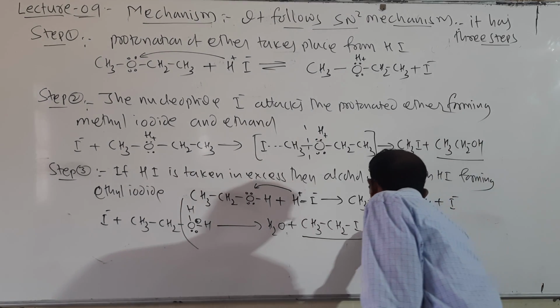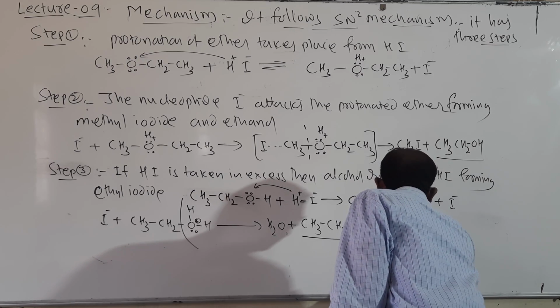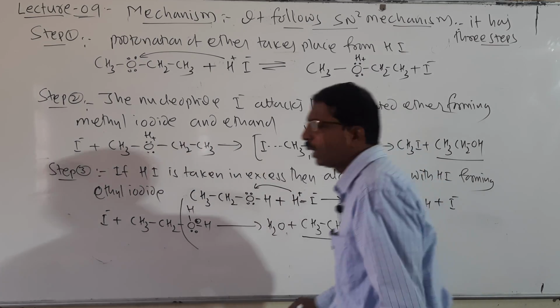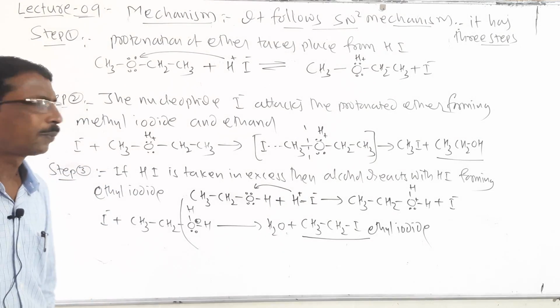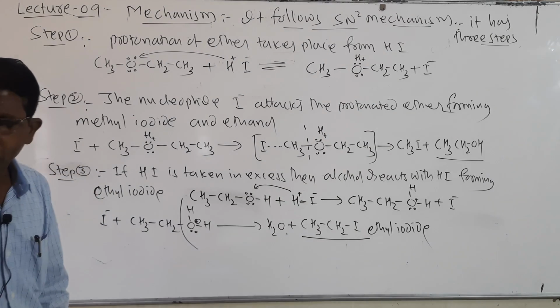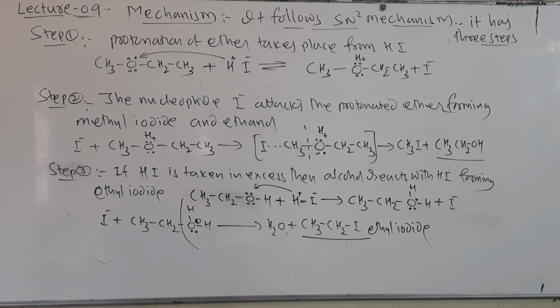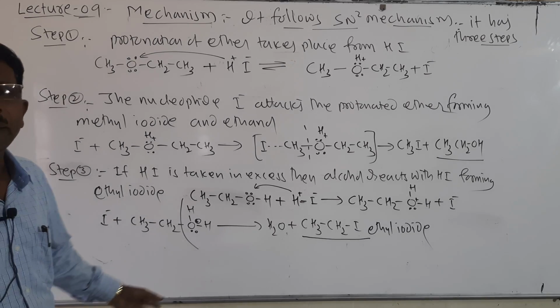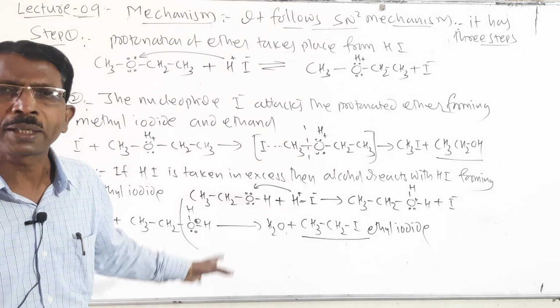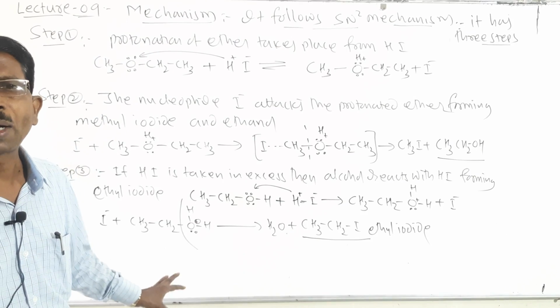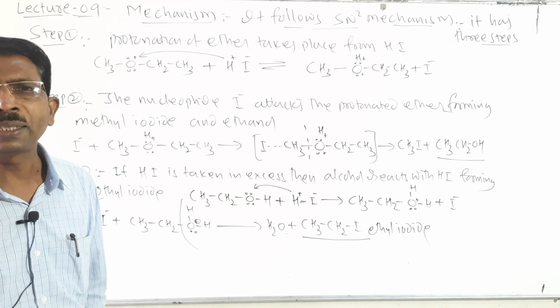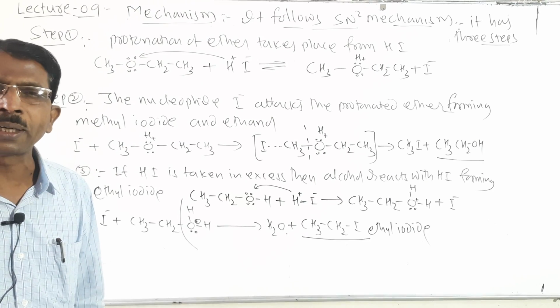So here the final product it forms is ethyl iodide. So here it is the mechanism. I think it is clear to you all. This mechanism may not be asked in the examination, but you must know the reaction mechanism of hydrogen iodide with ether when excess of hydrogen iodide is used.